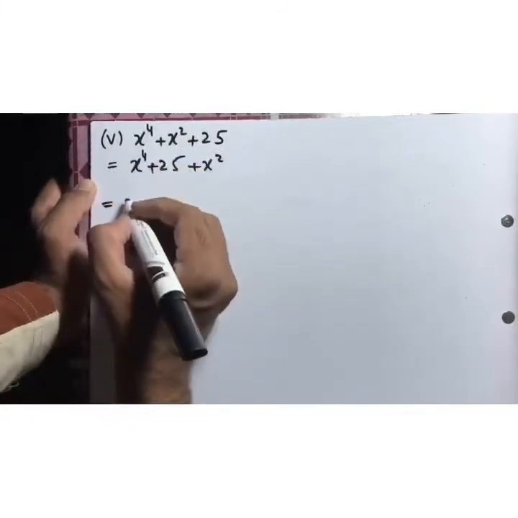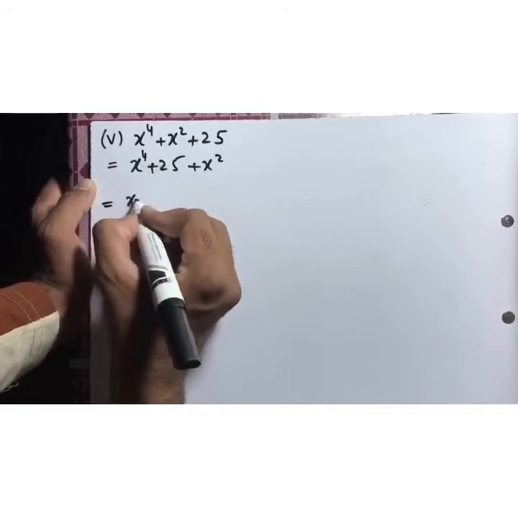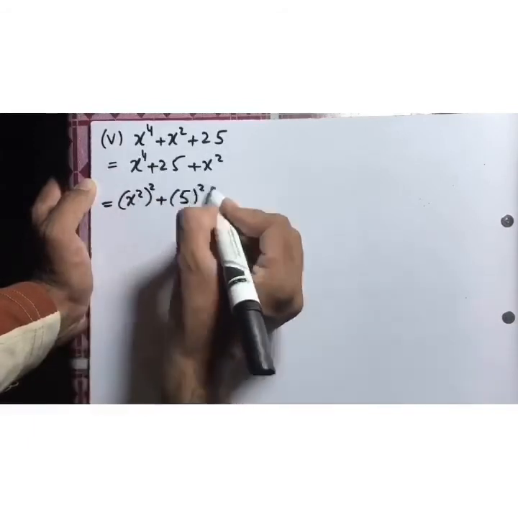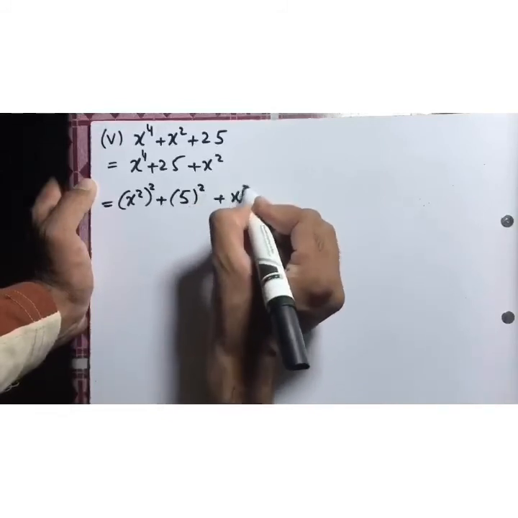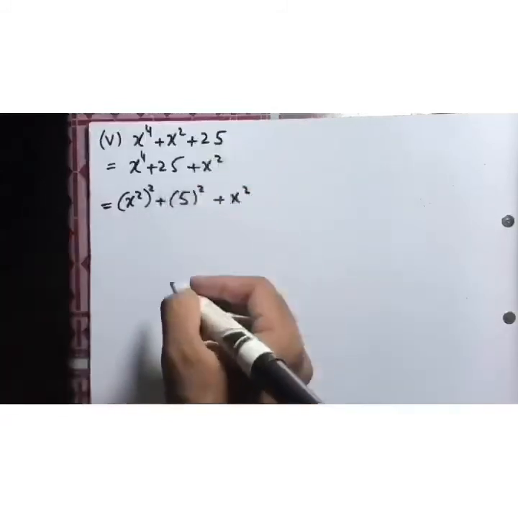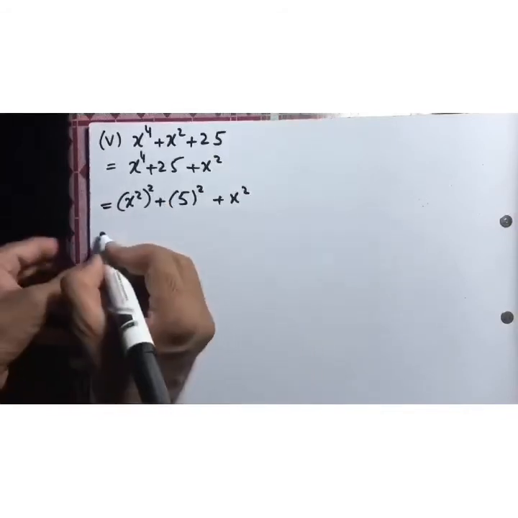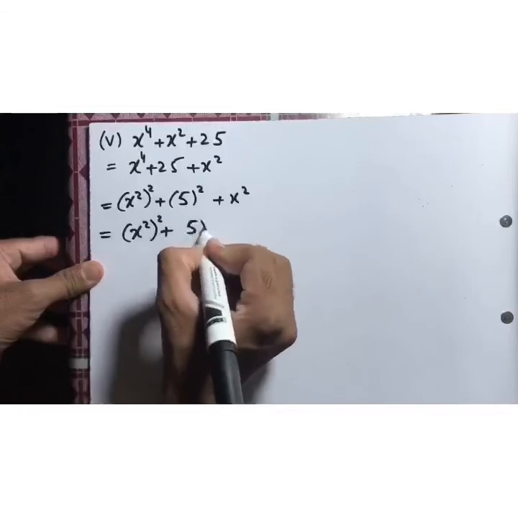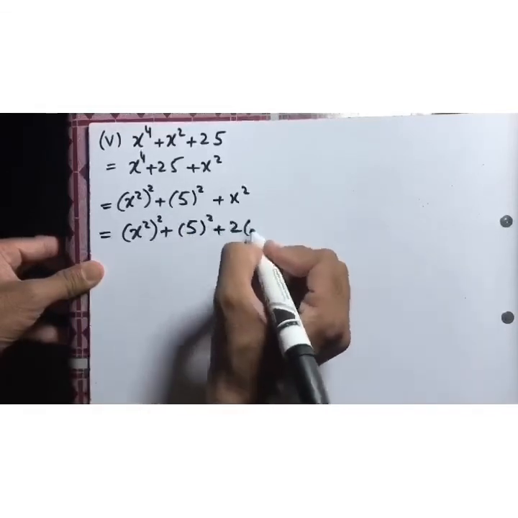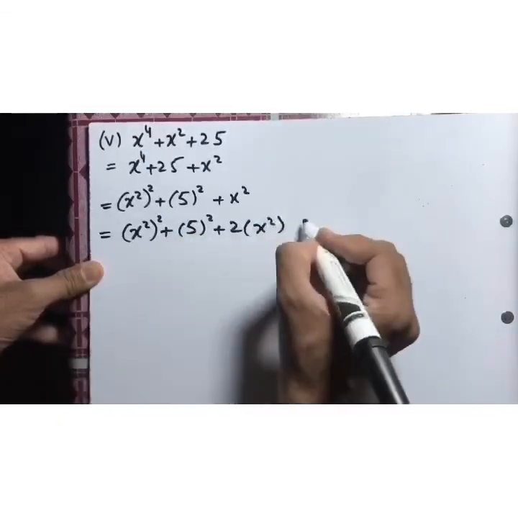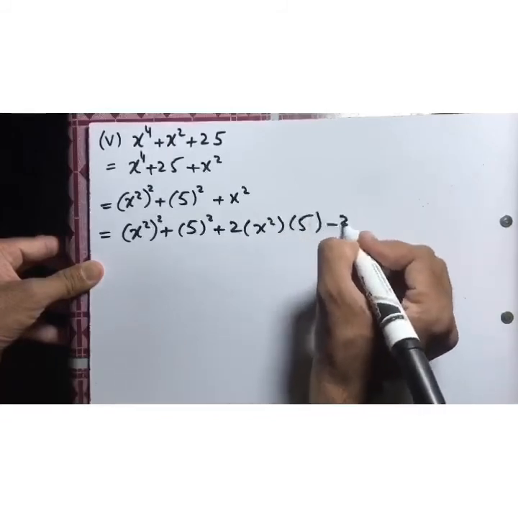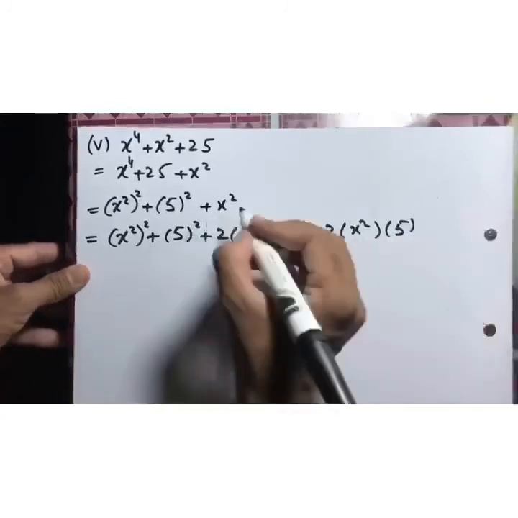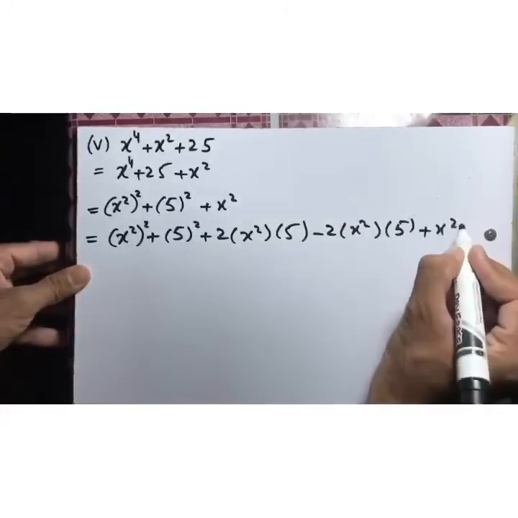First of all, we write the perfect squares: x square whole square plus this is the perfect square of 5. Here we get plus x square. Now we have to write it in the form of plus 2ab and minus 2ab. Now we write x square whole square plus 5 whole square plus 2, a is x square, b is 5, minus 2, a is x square, b is 5, and in last we get x square.